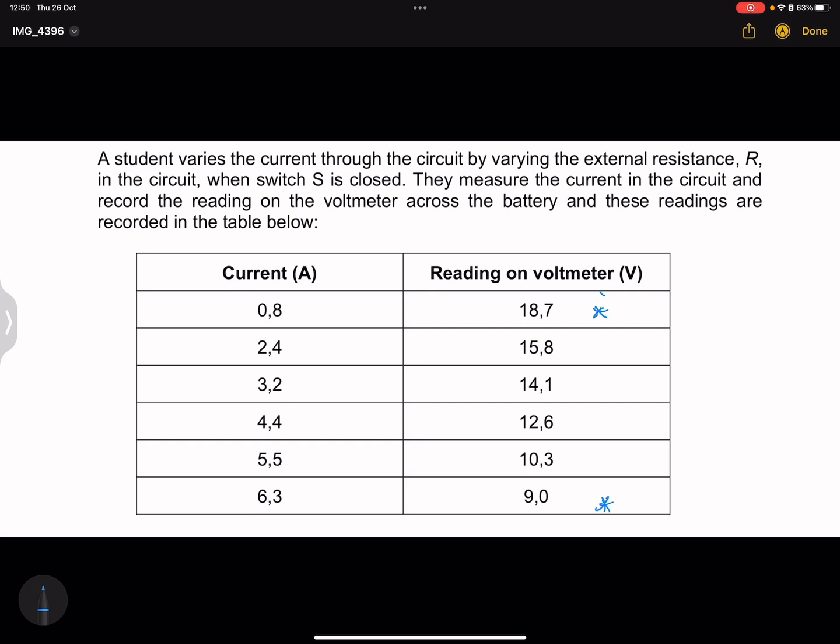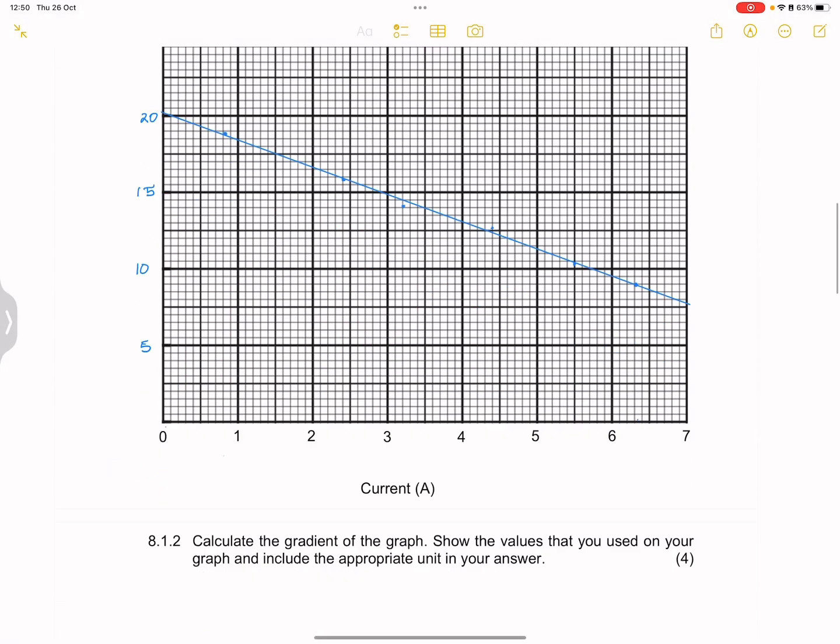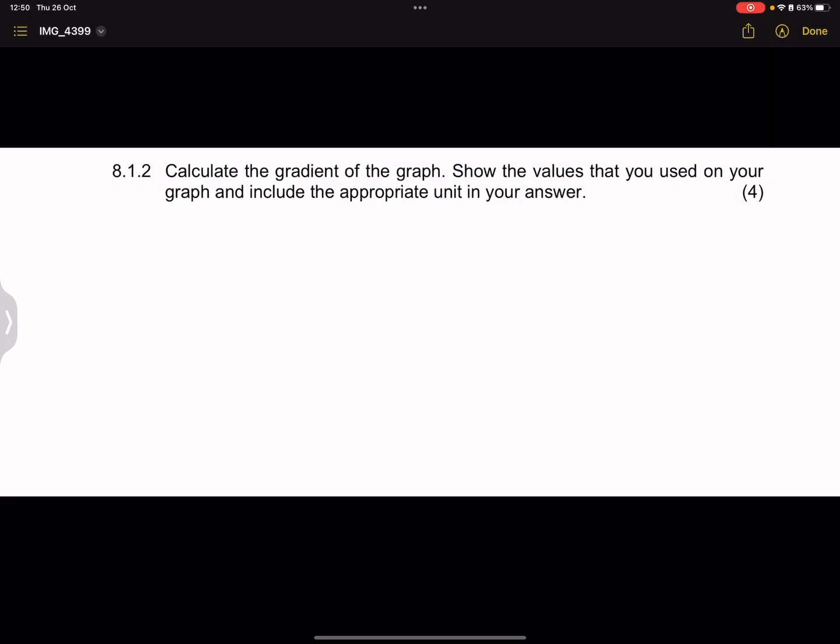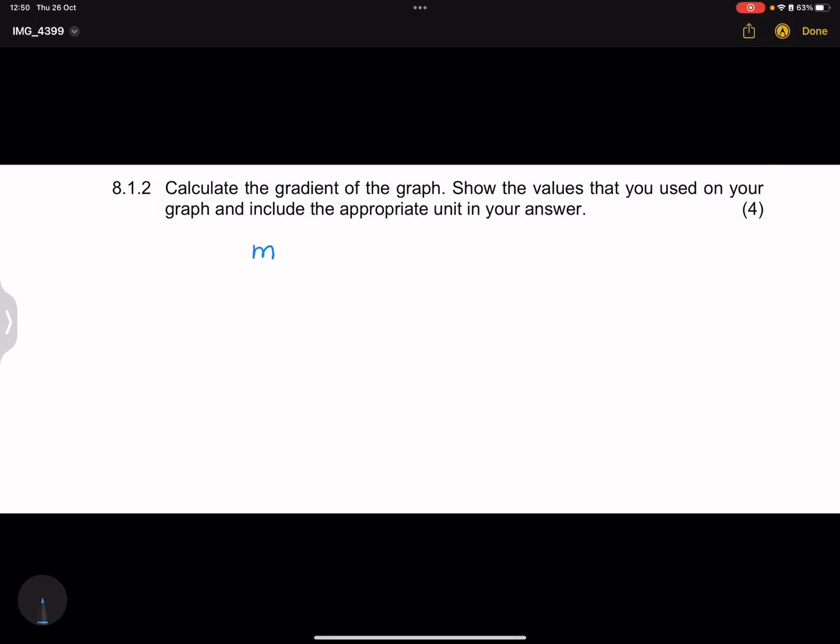If I'm to calculate the gradient, the value of m, that's going to be change in y, which is our voltage, divided by change in x, which is current. Sorry, that should be big V. So that's change in voltage divided by change in current.